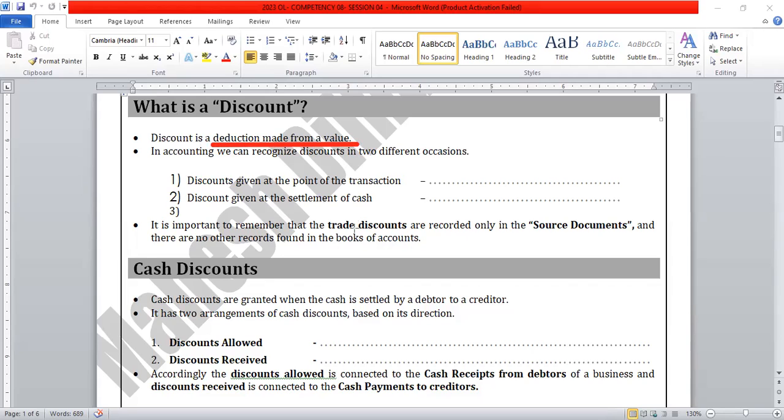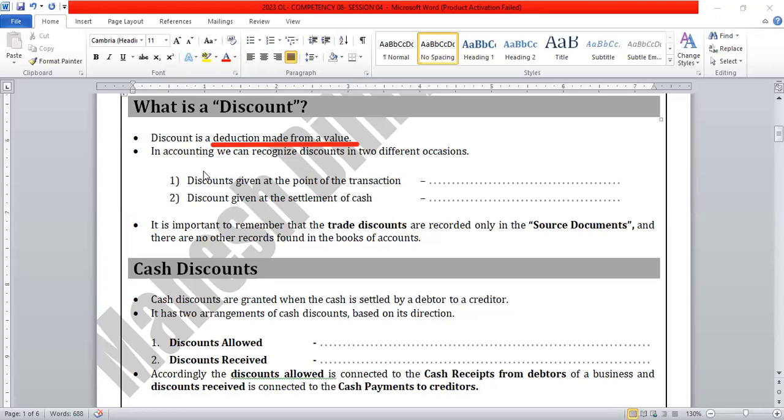Underline it. According to accounting, additions you have to highlight.